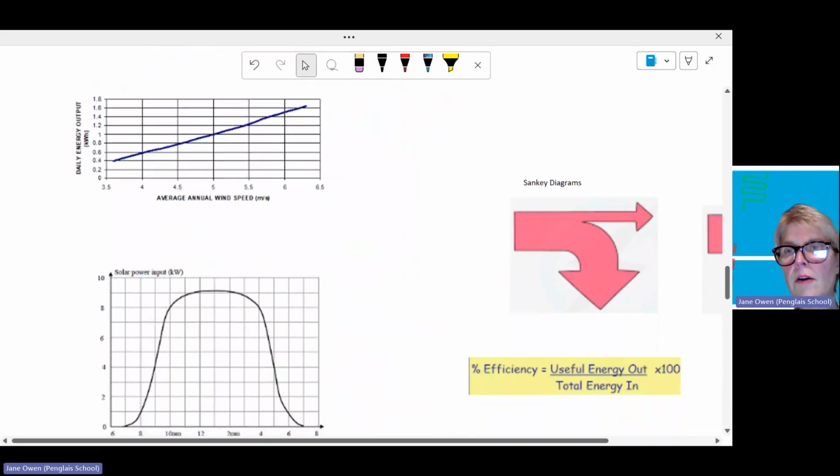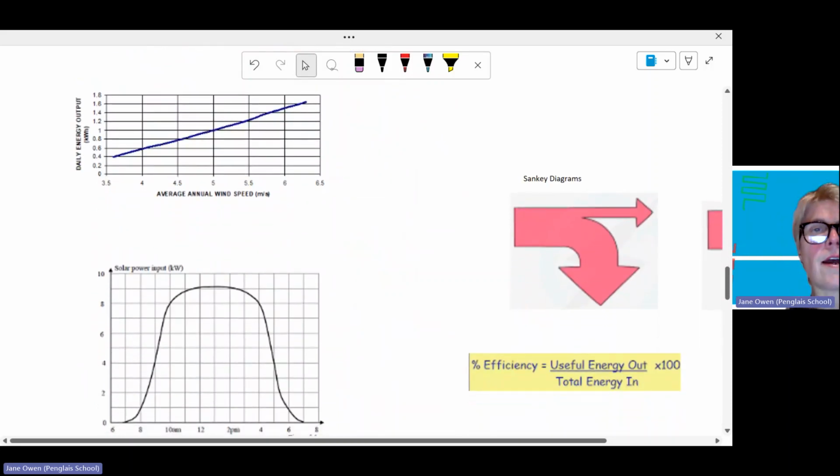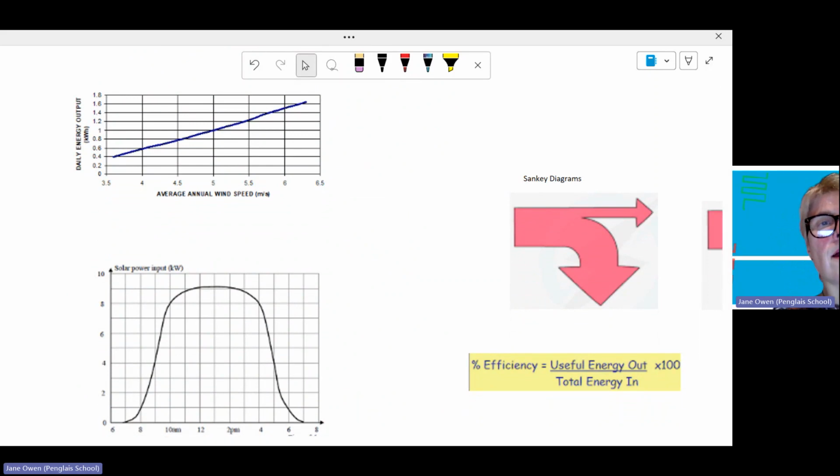Okay, so moving on, I want to touch on what we call microgeneration of electricity. That is all of the electricity that is generated by our houses. So some of us will have solar panels. Maybe if you live out in the countryside, you will have a wind turbine.